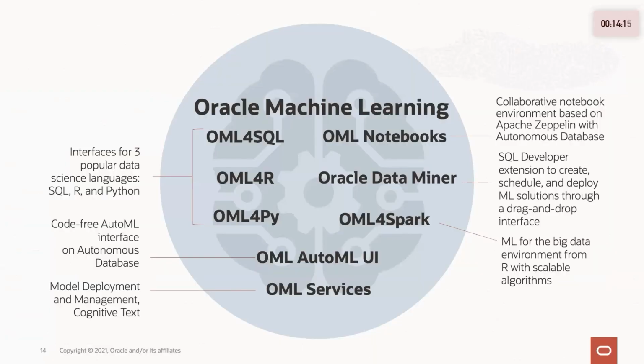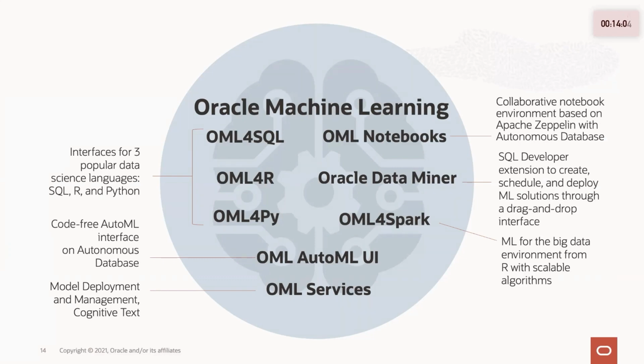And a quick introduction then to Oracle Machine Learning Services and how that connects to all the rest of the family. So the Oracle Machine Learning, I think we've spoken about this several times. It's a family of different products and components that work in conjunction, right?